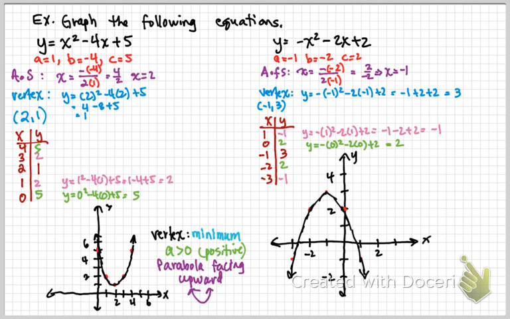Now, in the second one, our vertex was a maximum, right? Because it was at the topmost point. My A value this time, however, was less than 0 or negative. And the parabola is facing downward. So that pattern is always true.